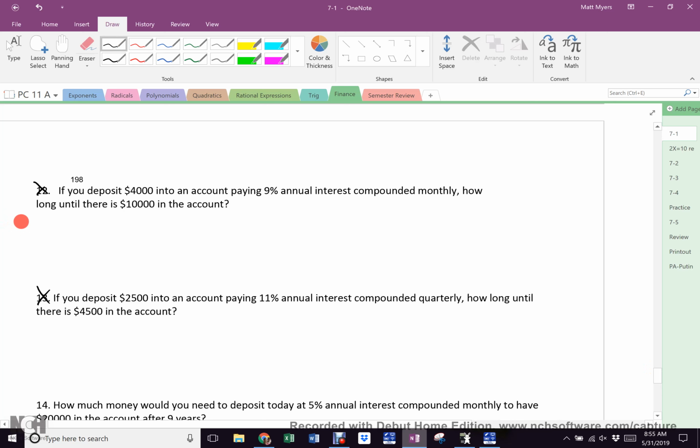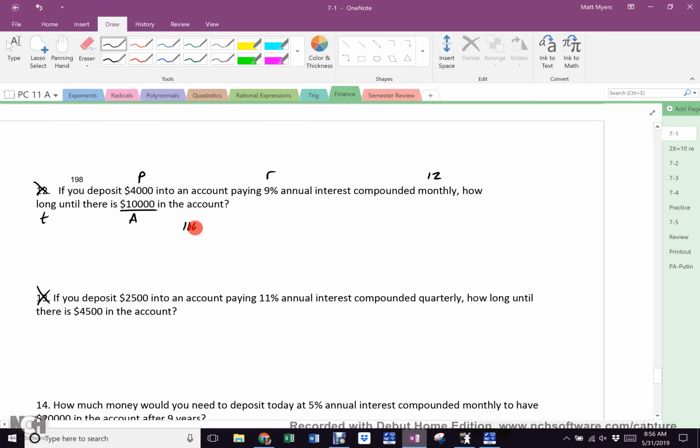So, again, fill in what you know. You want 10,000. There's your A. You have 4,000. There's your P. There's your R. There's your compounding period. And your T, you don't know.